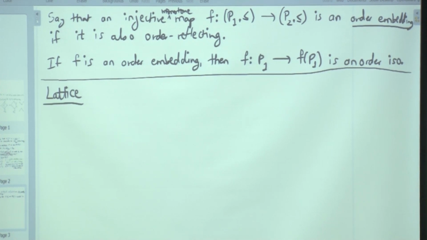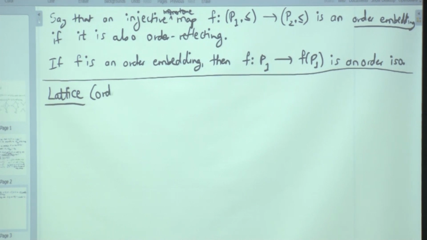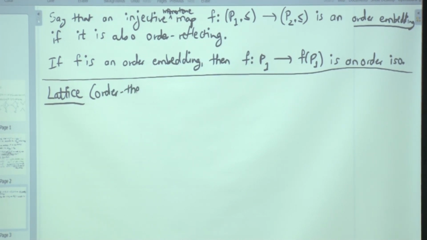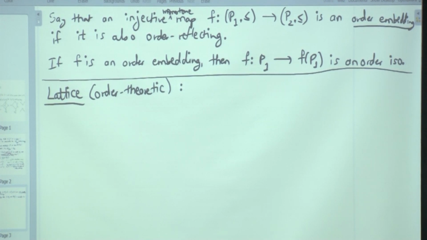So we are going to define order-theoretic lattices. There will be two definitions of lattices. The first one is order-theoretic, the second one is algebraic. And in the tutorial you are asked to prove that both these definitions are equivalent.